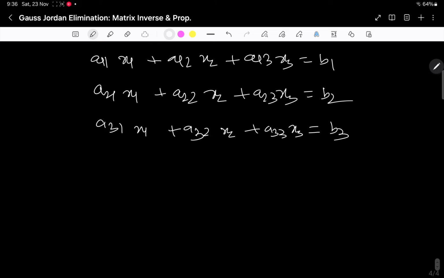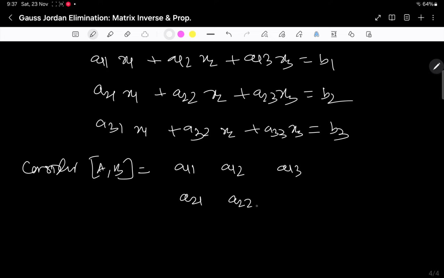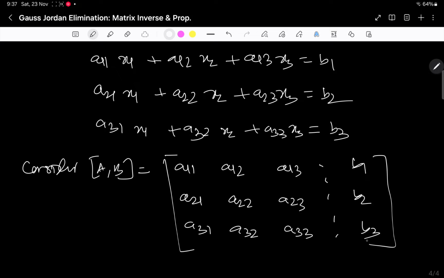So now what we have to do, we consider the augmented matrix [A|B]. For simplicity I choose a 3x3 matrix here. It is my a11, a12, a13, a21, a22, a23, a31, a32, a33, and I write my b1, b2, b3.